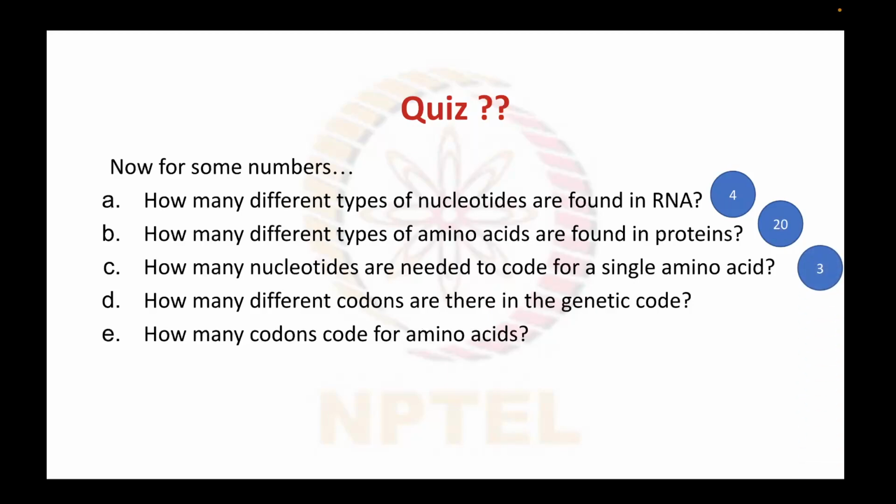How many nucleotides are needed to code for a single amino acid? That is 3. Triplet, we call it a codon. How many different codons are there in the genetic code? 4 power 3, that is 64 different codons. How many code for amino acids? 61. The remaining 3 are stop codons.